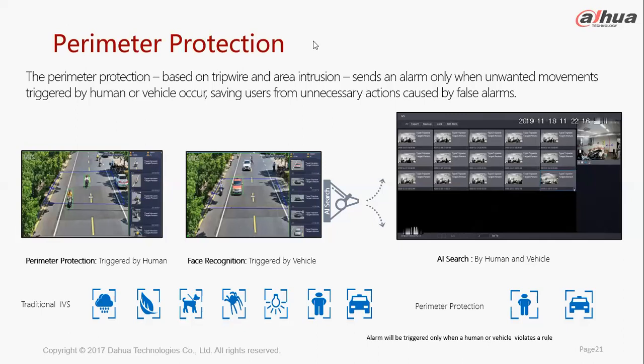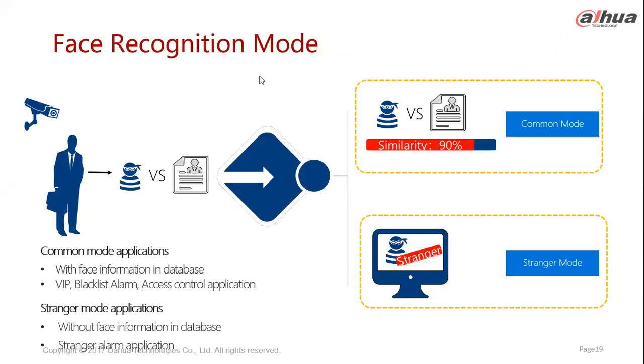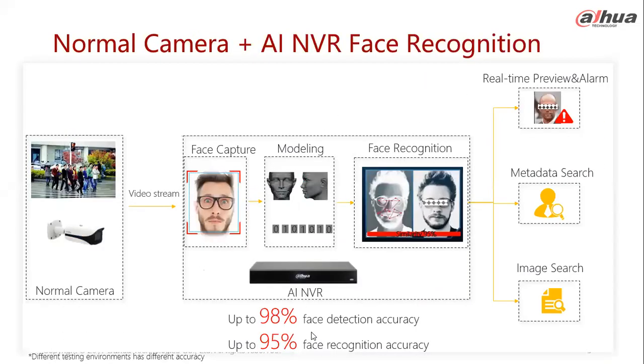We are getting a question, why is the accuracy better? For this camera, you can see it has been indicated 95% for face recognition accuracy.